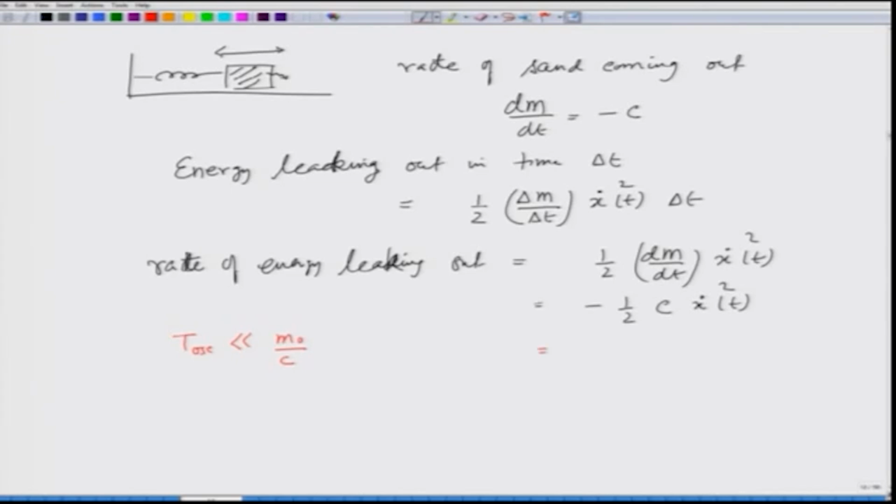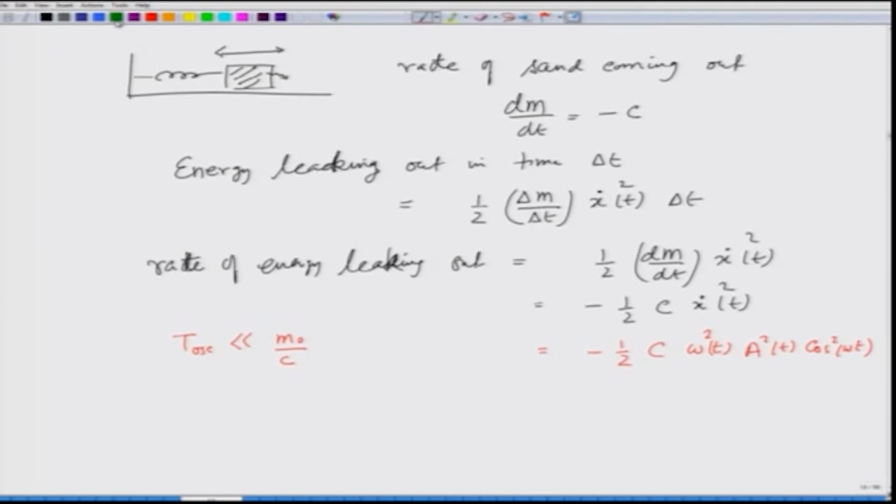So I can write this as minus 1/2 c omega squared t, a squared t, cosine squared of omega t plus phi, where phi is a phase, but I am taking that to be 0 without any loss of generality. Omega is going to be a function of time because mass is changing with time, although very slowly. So, this is going to be the rate of energy leaking out.